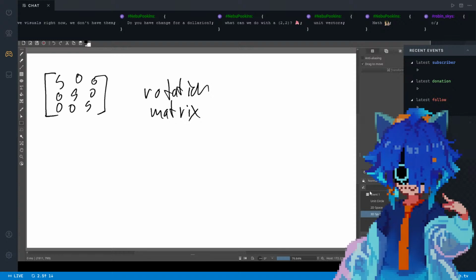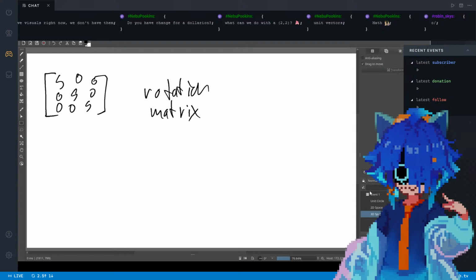But how do we do a movement, a sliding, a translation matrix? Well, it turns out to do that, we need to go to 4D space. Just like a quaternion, which we'll talk about next time, is a 4D extension of rotations to make their smoothing work. In order to do translation, we need to go to 4D space.